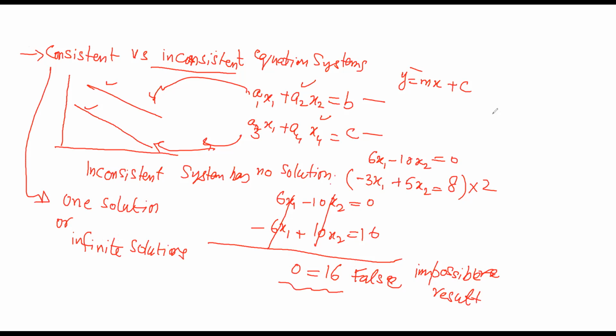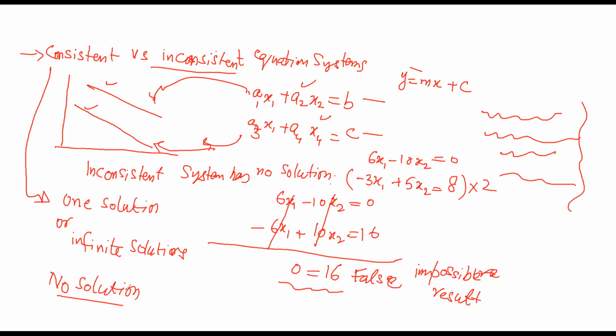If we have a system of linear equations, n equations, we can have either of these three situations. Either the system will have no solution, in which case it will be inconsistent. Or if the system is consistent, then we have two more possibilities. It will have either one solution or infinite solutions, nothing in between.